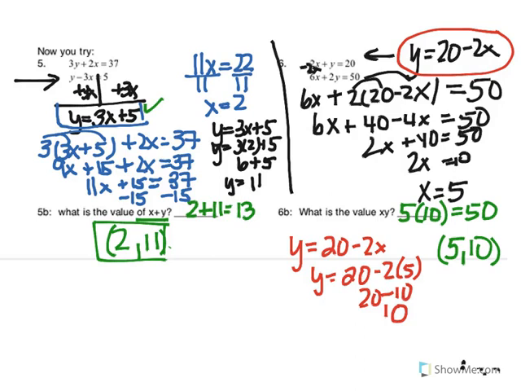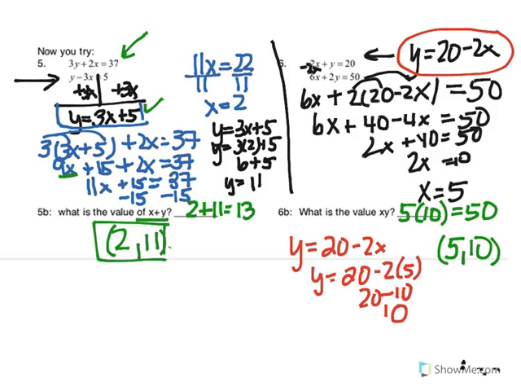And once I know that y equals 3x plus 5, I substituted that for the y in this equation right here. So instead of 3 times y, we did 3 times (3x plus 5) plus the 2x equals 37. Use distributive property: 9x plus 15 plus 2x equals 37.